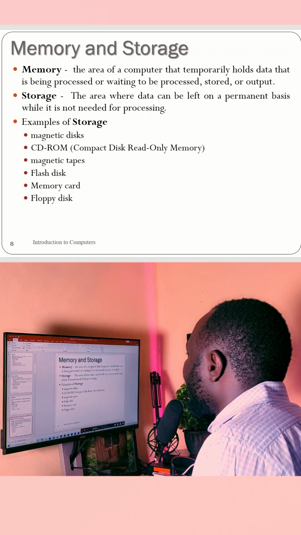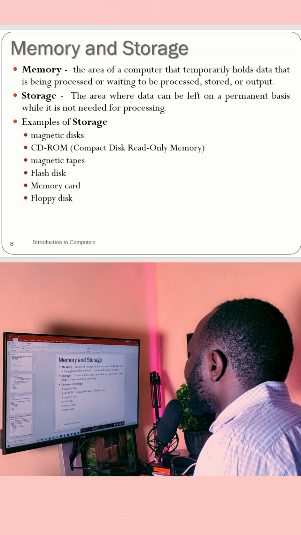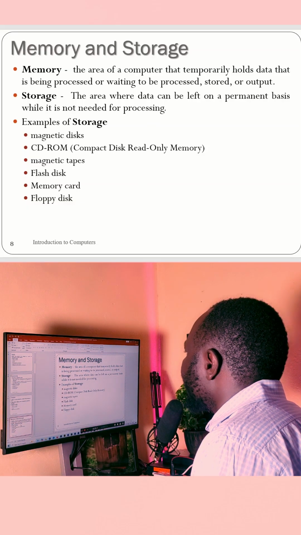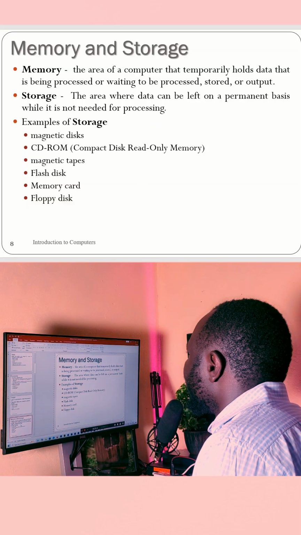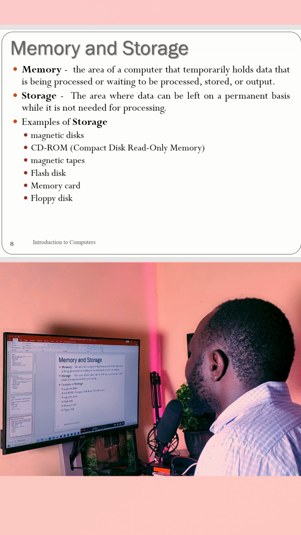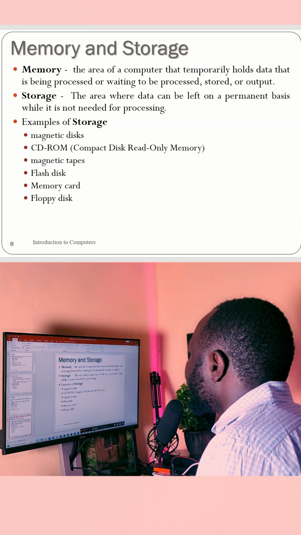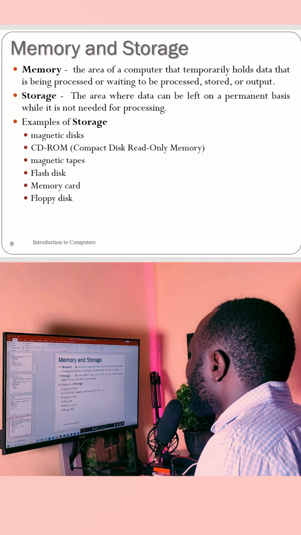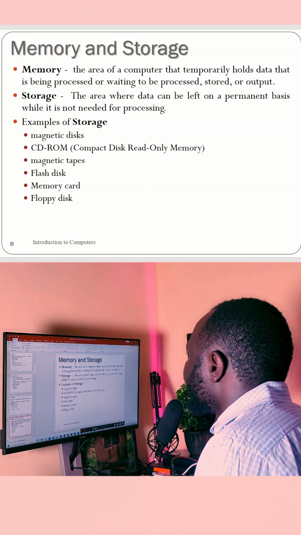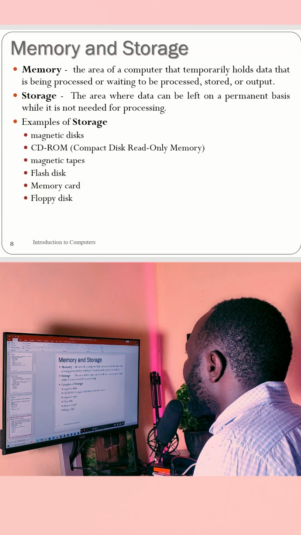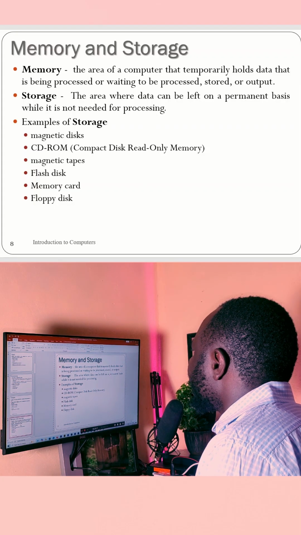Why is it important? Remember, as we were talking about the processor up there, we said it's very fast in its operation. For that very reason, it also needs a place where it can be getting the information at a high speed. RAM being faster than the normal storage in its operation, it is the ideal location for the processor to be collecting its data from.